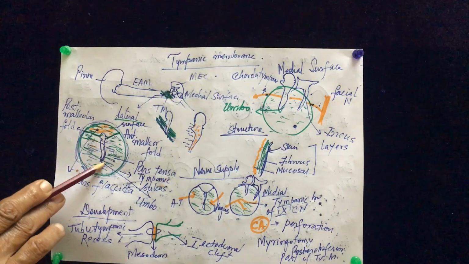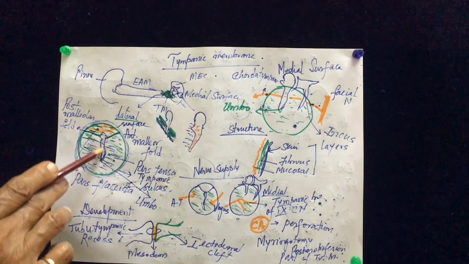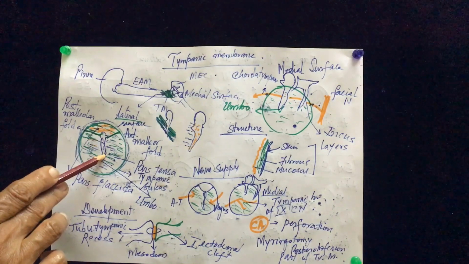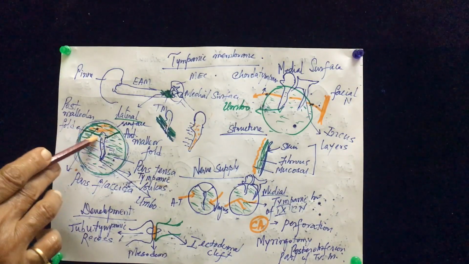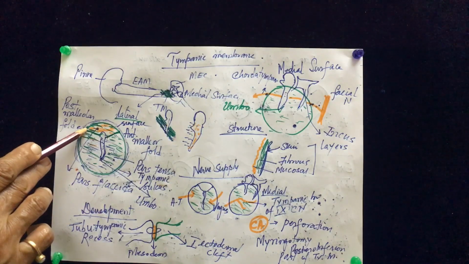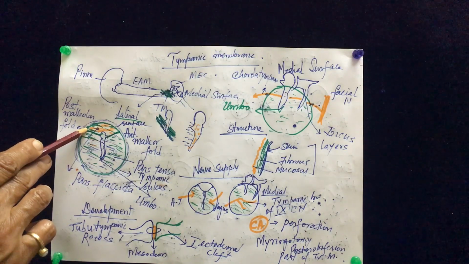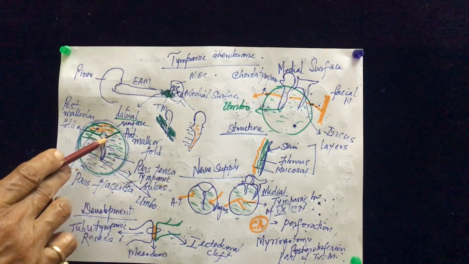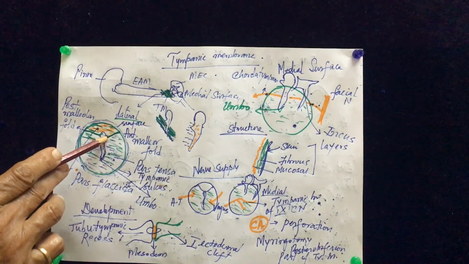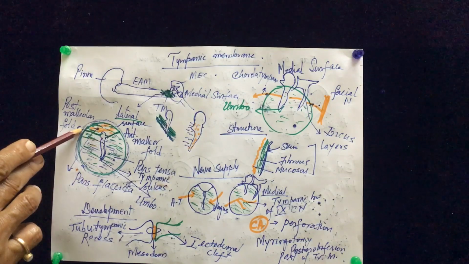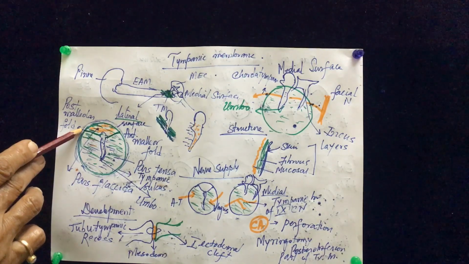With the attachment of the handle of the malleus, two folds are formed: the anterior malleolar fold and the posterior malleolar fold.